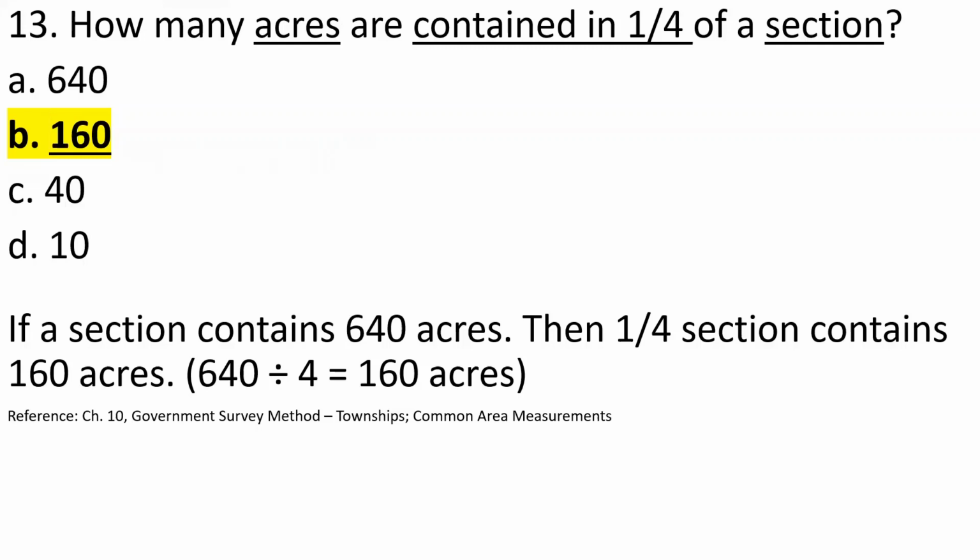The denominator is the 4. So if you take 640 acres and divide it by 4, it would be 160. If a section contains 640 acres, then 1/4 of a section would contain 160 acres. The way you do that, you take 640 divided by 4. That is 160 acres.